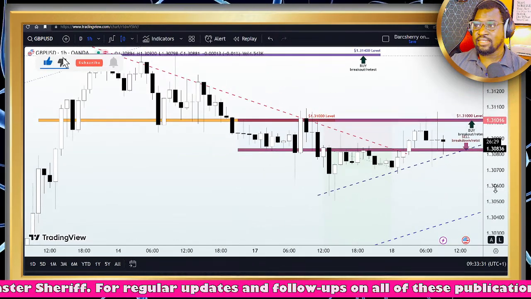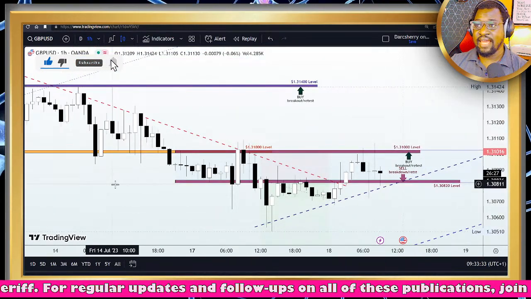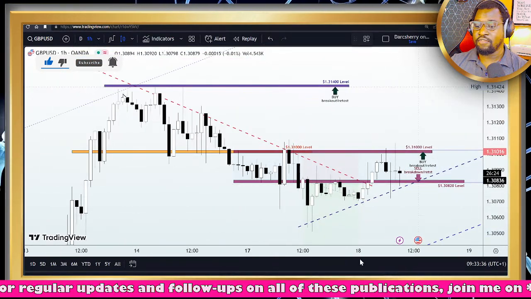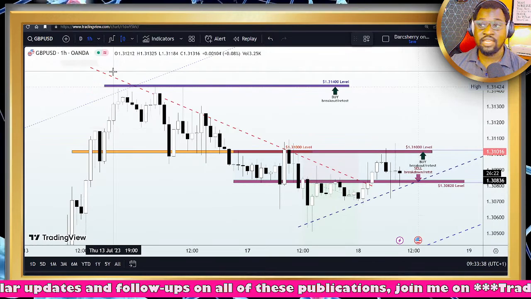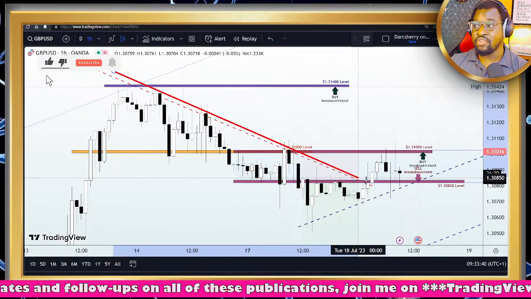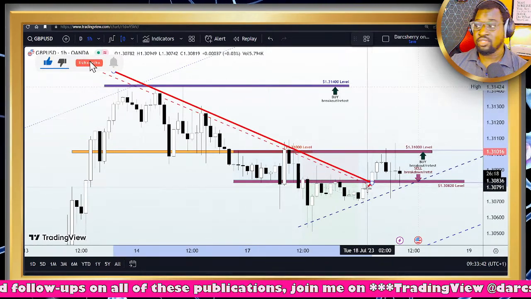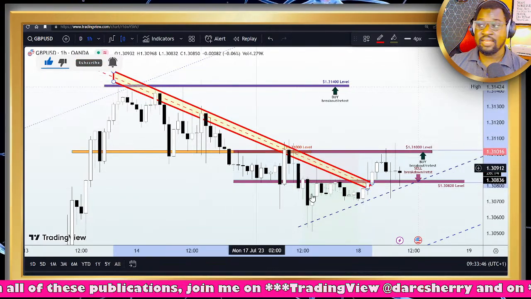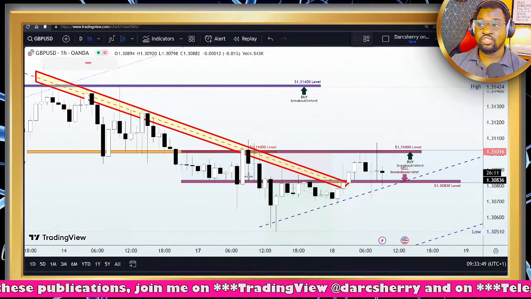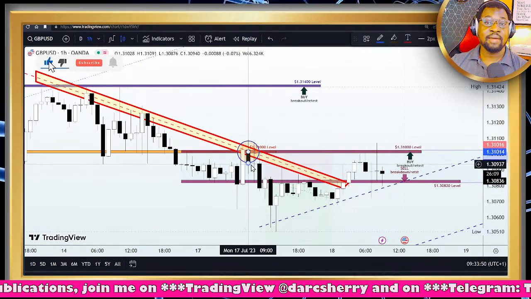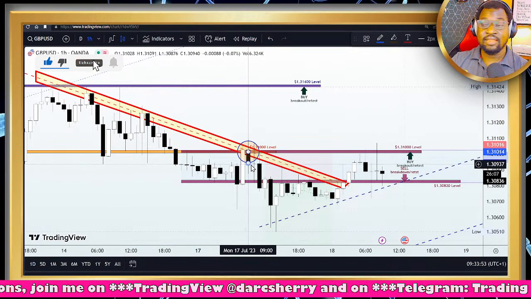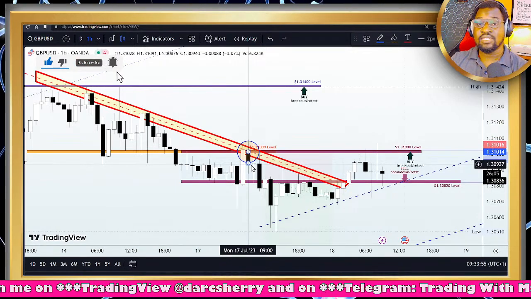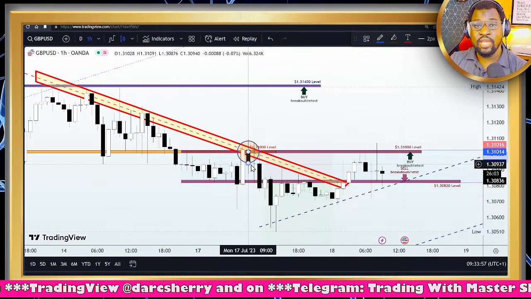Now, coupled with the descending trend line we identified earlier, remember, if you were with us during our live session yesterday, you'll recall that we had a descending trend line after connecting the series of lower highs. One interesting thing about that descending trend line was that it shared a confluence with that resistance level at 1.31, which was serving as our key level for the week.